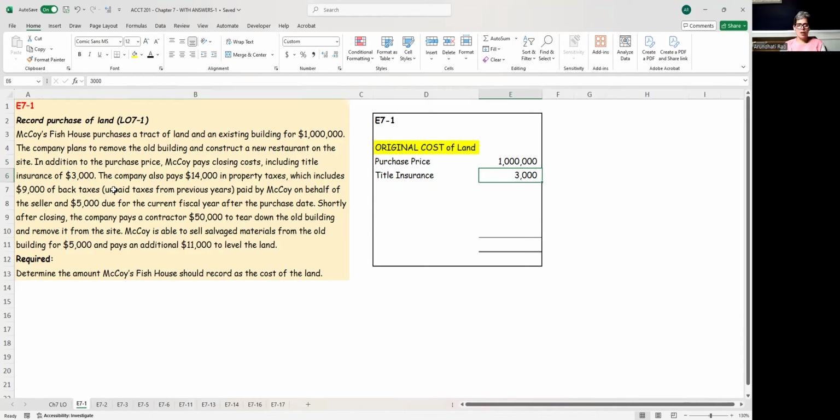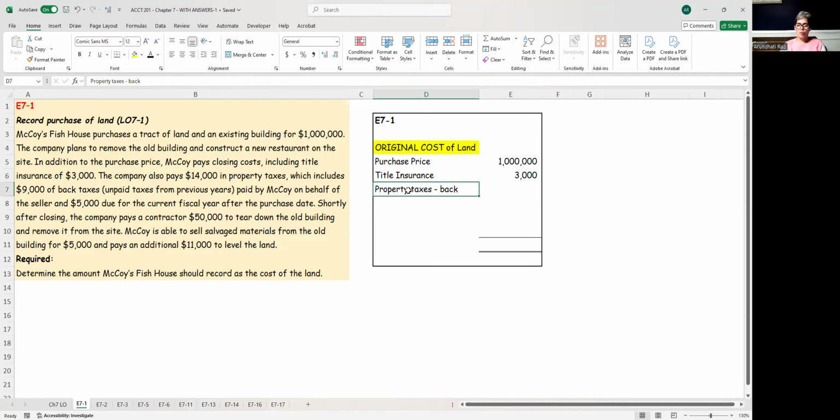Let's continue reading. The company also paid $14,000 in property taxes. Now the property tax, if it is for the current or the future, then it's just a regular expense. Let's see what they tell us. It includes $9,000 of back taxes. So I can include in the cost of the asset as long as it's back taxes.